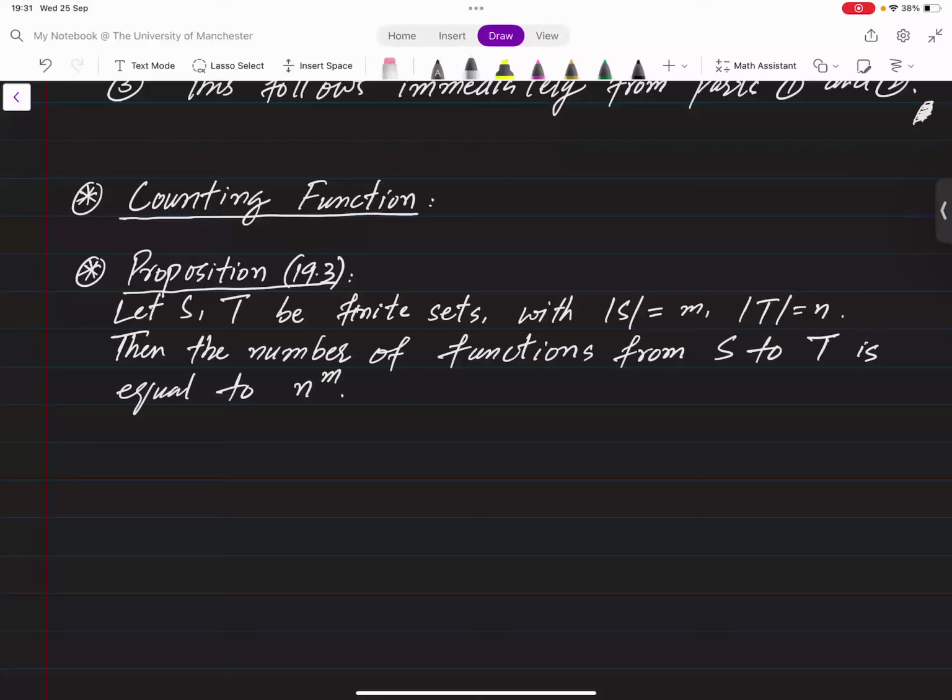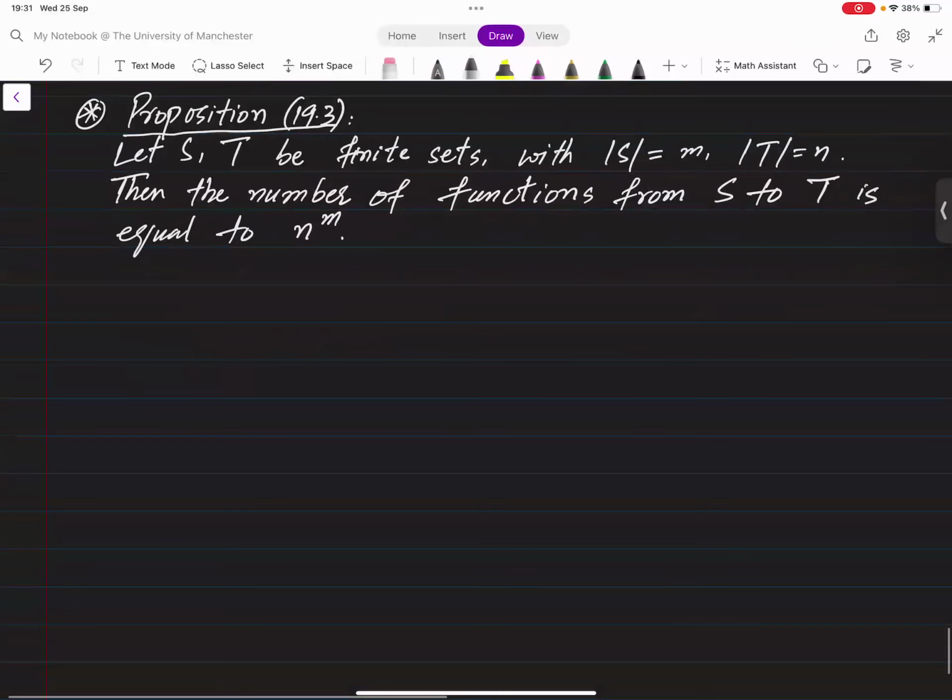Okay, right? And we can prove this using the information from chapter 16. So let's say we have a set S which has m elements.